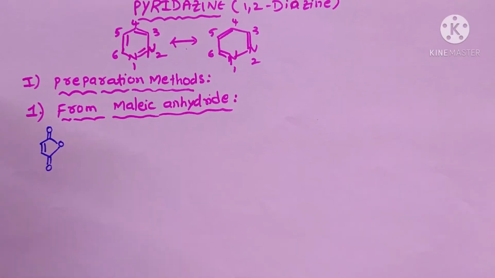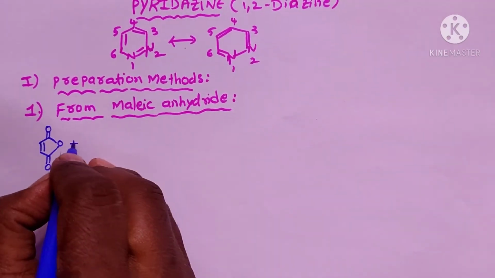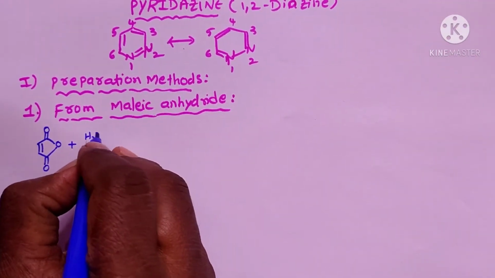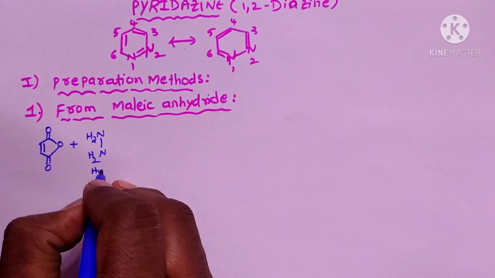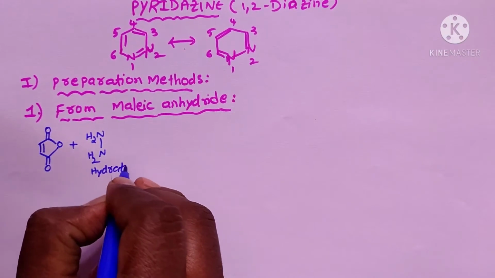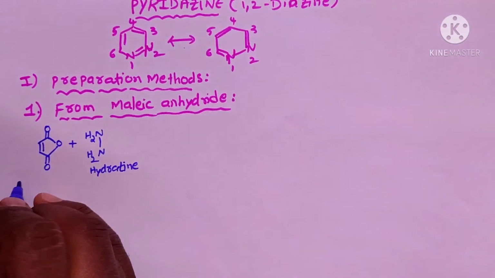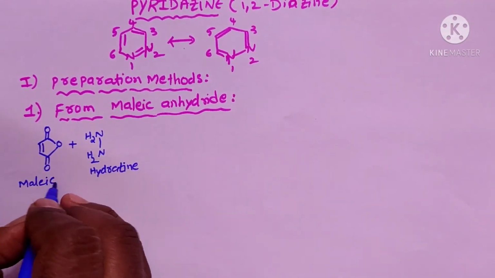So this is maleic anhydride, and when it is treated with hydrazine, and we know the formula of hydrazine, that is NH2 and NH2, so this is the hydrazine, and this is the maleic anhydride.